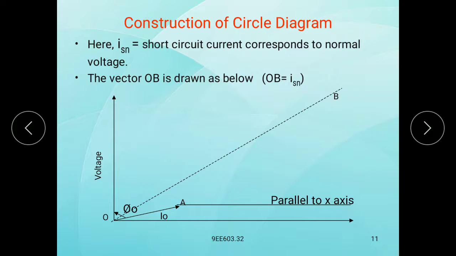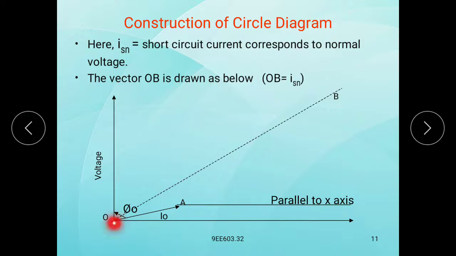Here this is OB. The current I naught is parallel to the x axis.